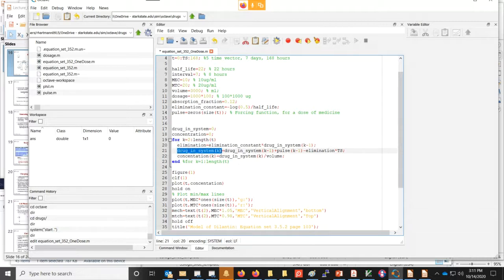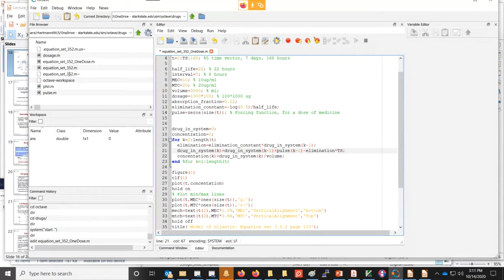And then how much I have in my body at any one time, this is the derivative. This is how much drug is in my body due to how much was there before, plus how much I just put in, minus the elimination.